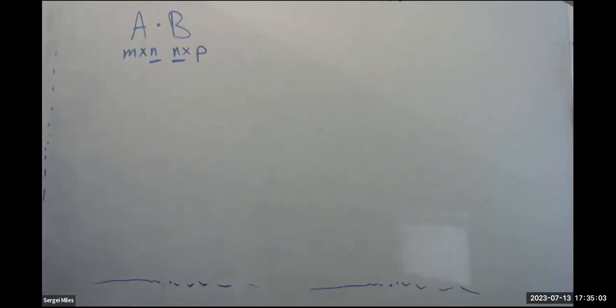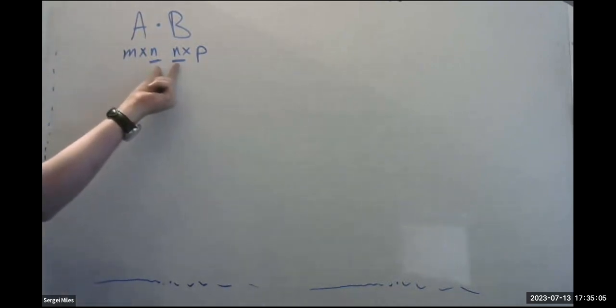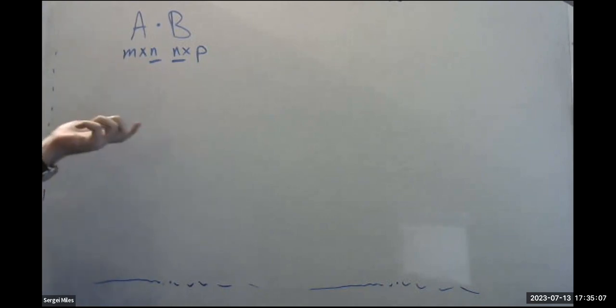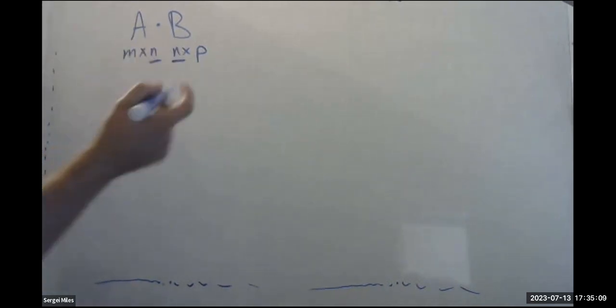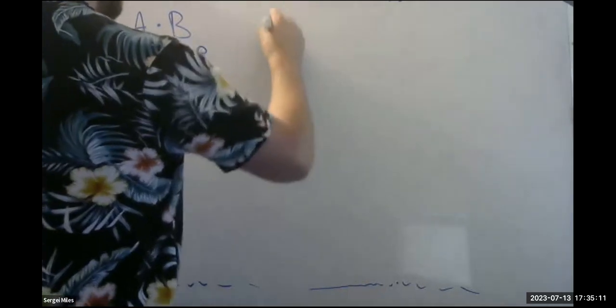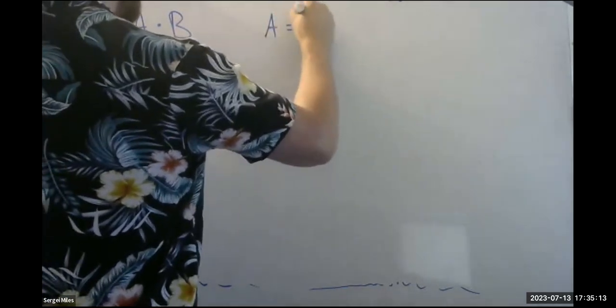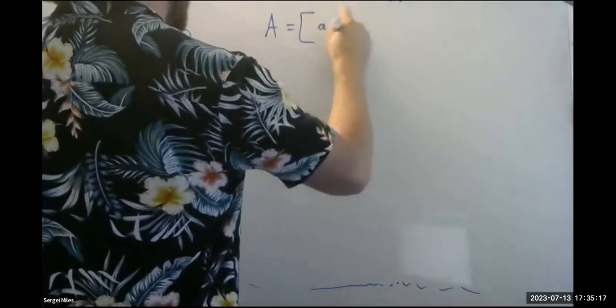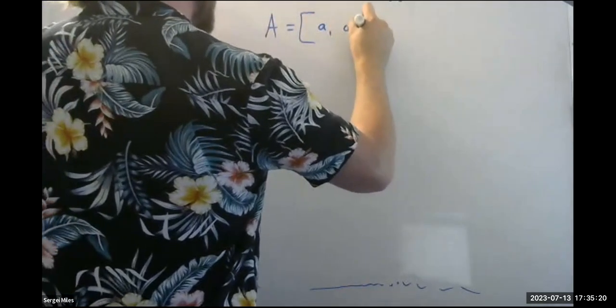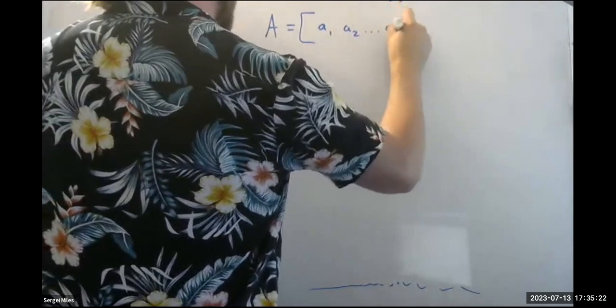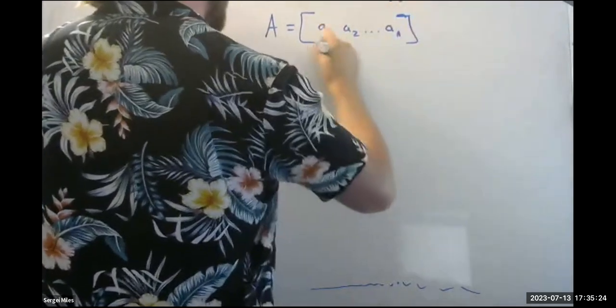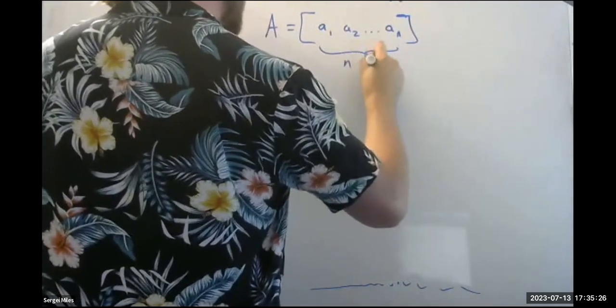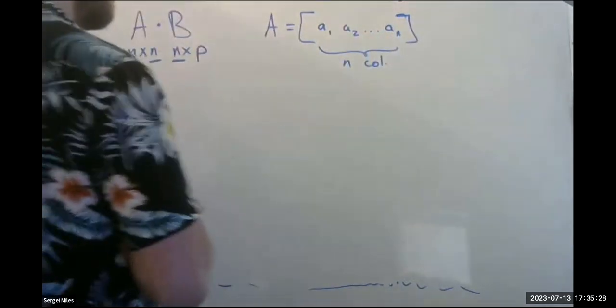Okay, so these two numbers have to match here. Great. How do we do multiplication? Well, we know that A is just some matrix that has n columns, right? I have A1, A2, AN, right? It has n columns.